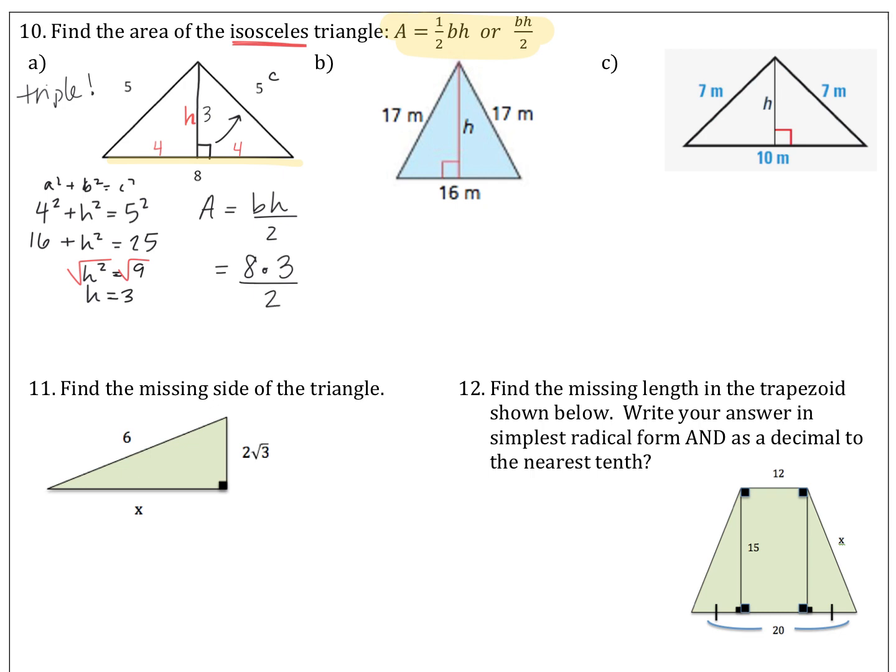And then you'll have to divide it by 2. Why do you divide it by 2? Because the area of a rectangle is base times height. Triangles are half of rectangles, or parallelograms. So then you get 24 divided by 2, which is 12. And we're doing area, so make sure you say units squared.